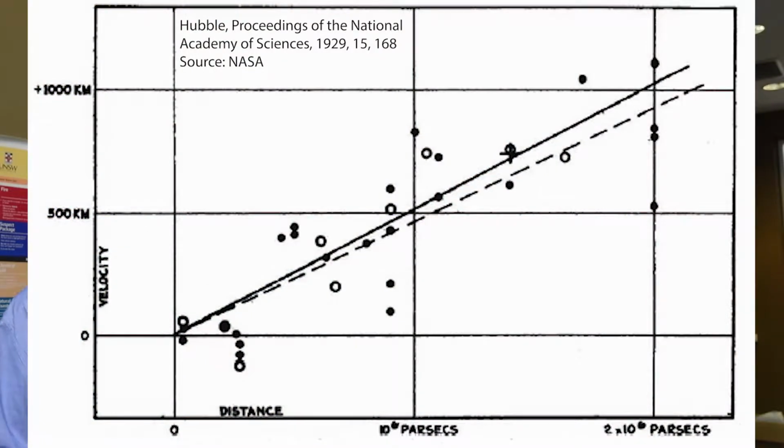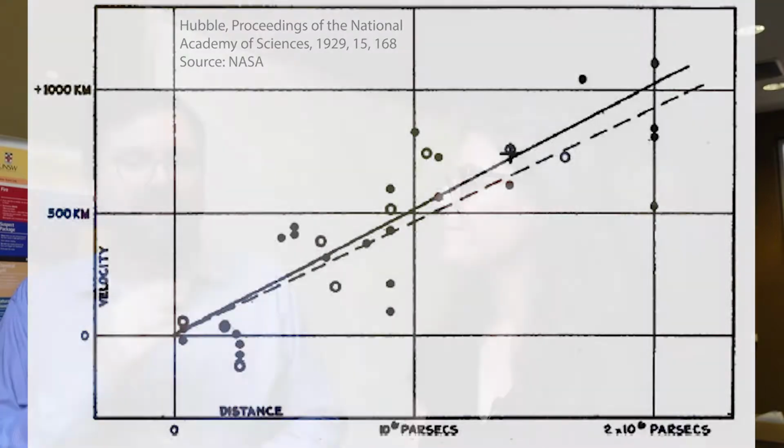And he found something a little shocking, which was that all of the galaxies were moving away from us. Nothing's really moving towards us, and the further away you are, the faster the galaxies are moving away from us. That's really weird. That implies one of two things: that maybe we're at the very center of the galaxy, but that doesn't seem likely.